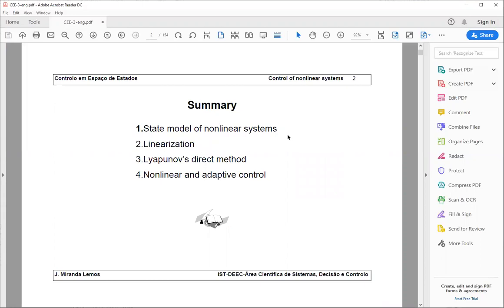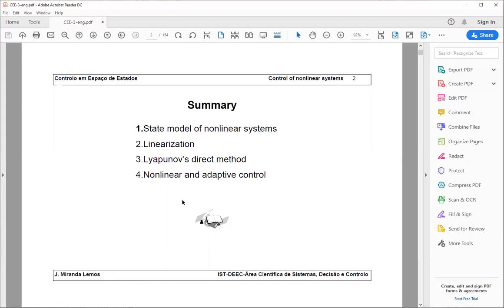The summary of the whole course consists of 4 parts. In the first part, that corresponds to this lecture, we introduce the state model of nonlinear systems. Then we will speak about linearization, and here we will study the stability properties of equilibrium points of nonlinear systems, as well as how to design controllers for the linearized models.